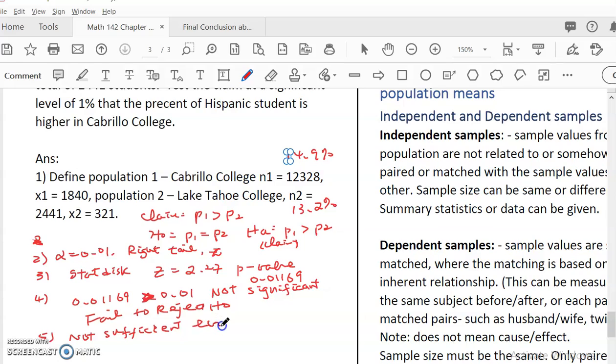And we would not say reject, we would say support, right? Not sufficient evidence to, right? Because the claim is the alternative, to support the claim.